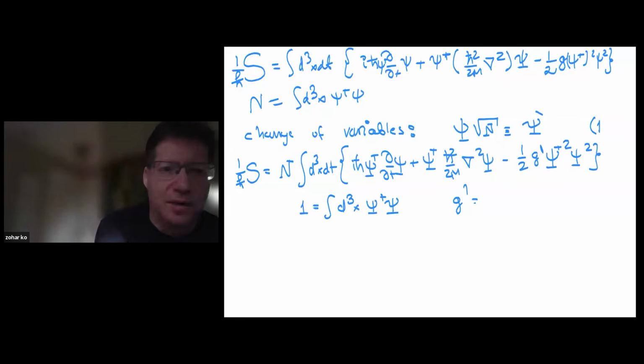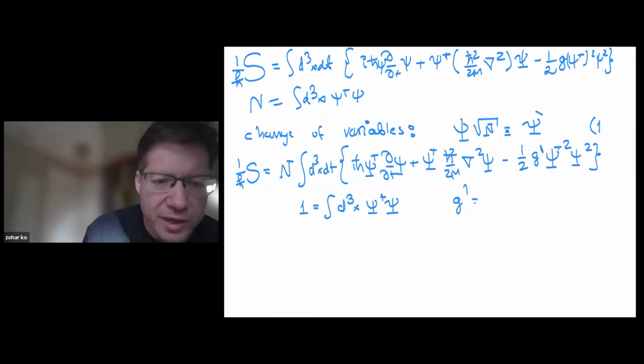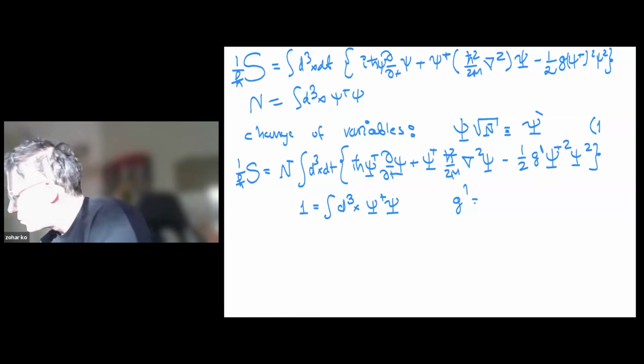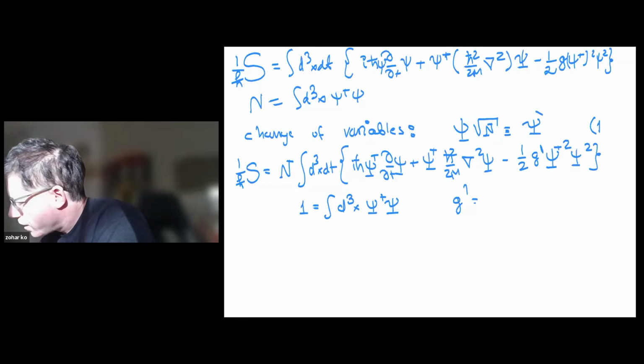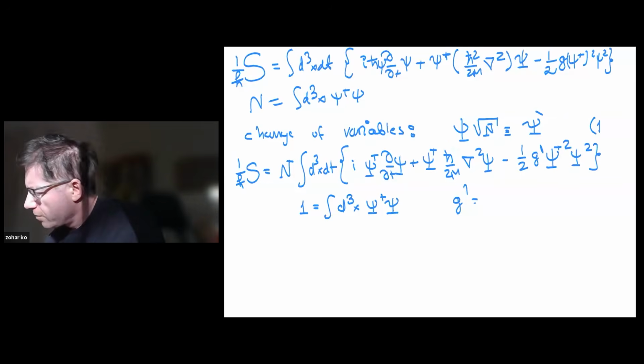I'll do one more small step in real time, before I write g prime. I'm going to change the power of h bar here to 1, and I'm going to remove this h bar completely.